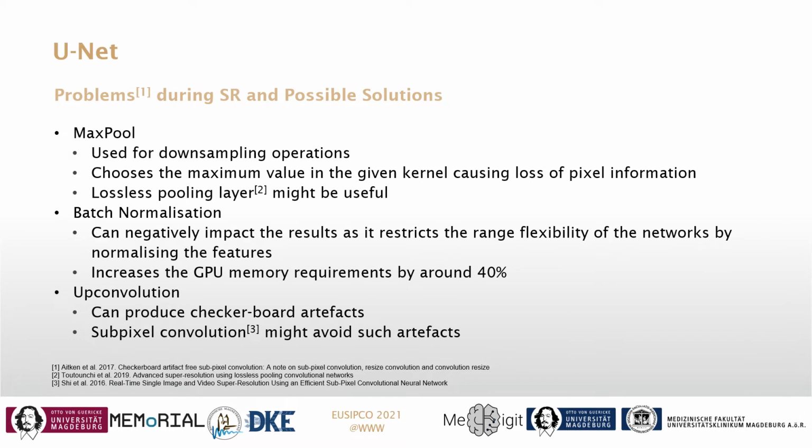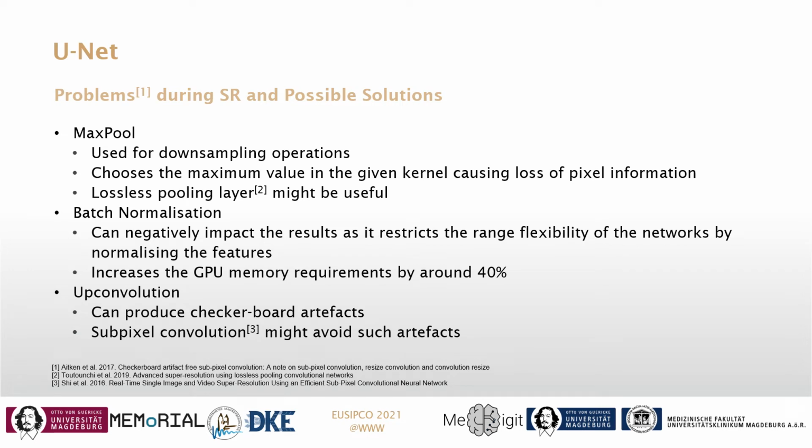Even though it is one of the most popular network architectures, it has certain problems. First is the max pool operation, which is used in the contraction path for downsampling. It chooses the maximum value in a given kernel, causing a loss of pixel information. Lossless pooling layer, proposed by Tatsunami et al., has been seen to perform better than max pool.